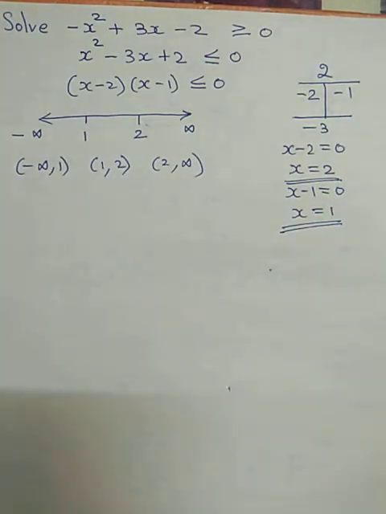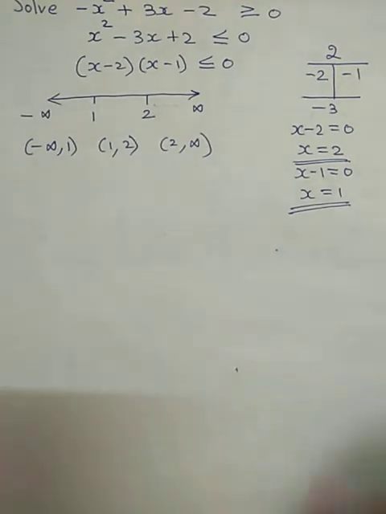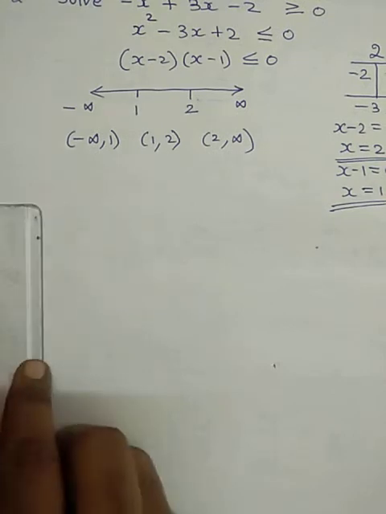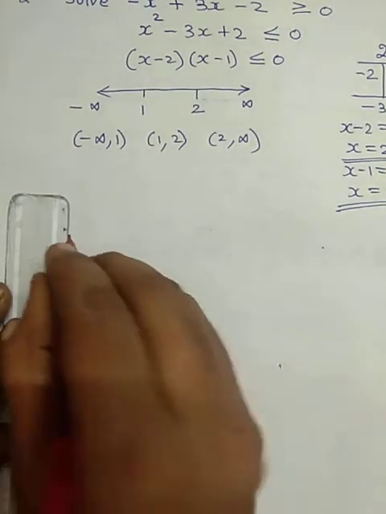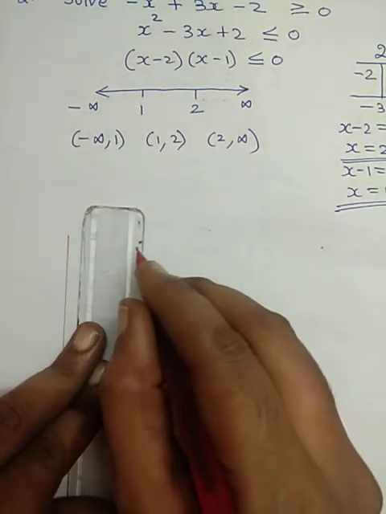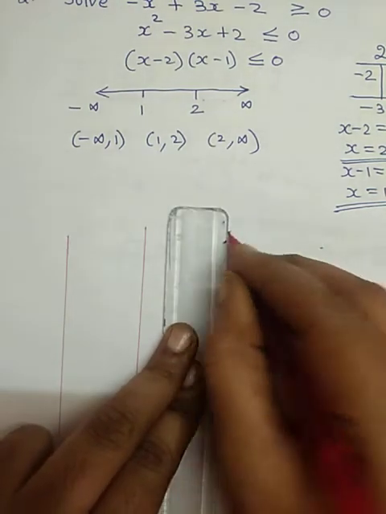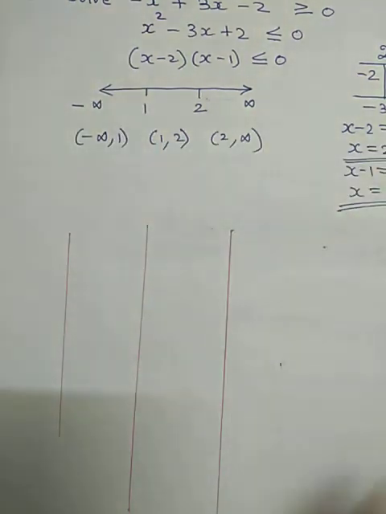Now we have to draw the tabular column. In the tabular column, we are going to get the answer. So we have to draw actually 4 columns. First column will be writing intervals. Second column will be putting the bracket x minus 2. Third column will be writing x minus 1. And the last column the final product.